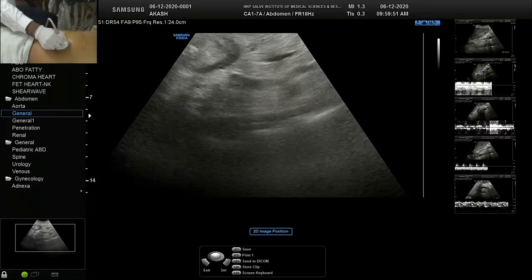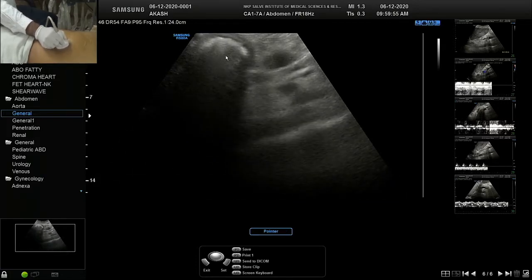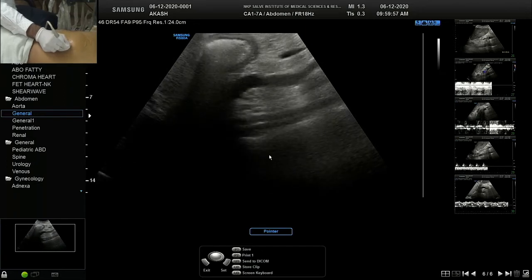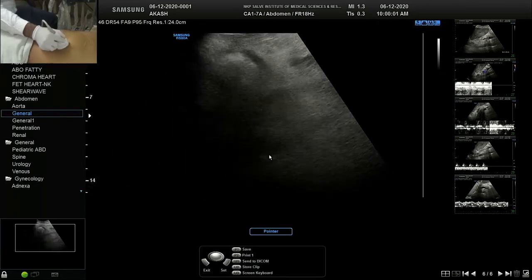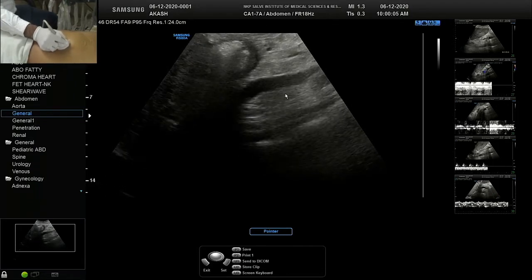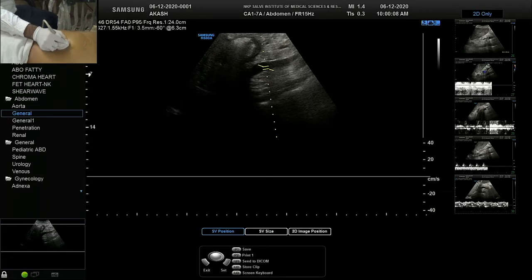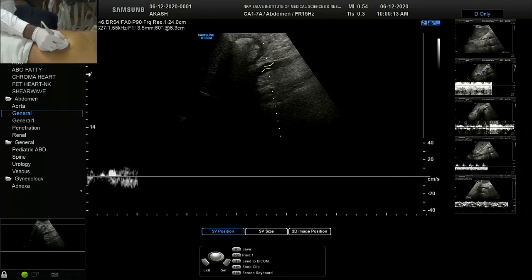Sometimes you will have to compress a little bit to avoid the bowel loop. See that bowel loop above. It may hinder the visualization of the vessels. So you can take an angle from this side or that side to bypass that loop there. We'll again not take color here and just put spectrum across and see the flow in the SMV.